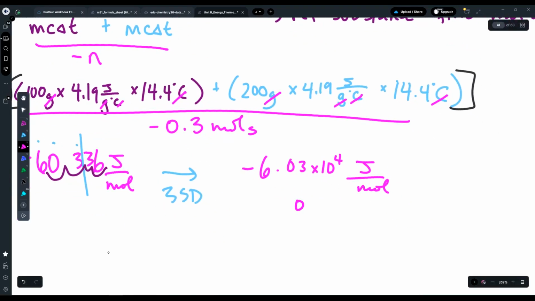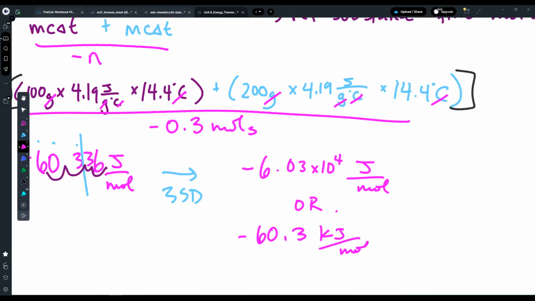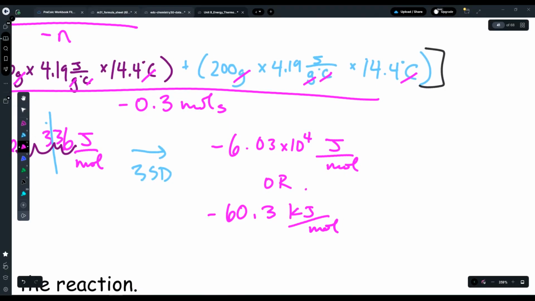But if you really wanted to put this in kilojoules per mole, which you can do because the question doesn't specify units, if you divided this by 1,000, it would just be 60.3, and then your units would be kilojoules per mole.